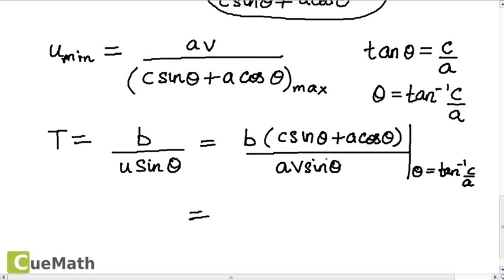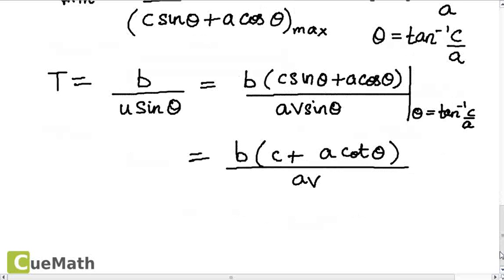Okay, so if I divide sine theta from the numerator and the denominator, I have b times c plus a cot theta by av.